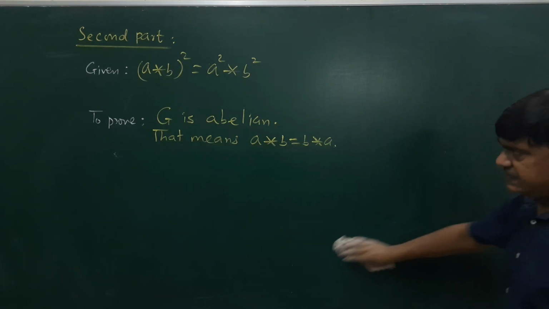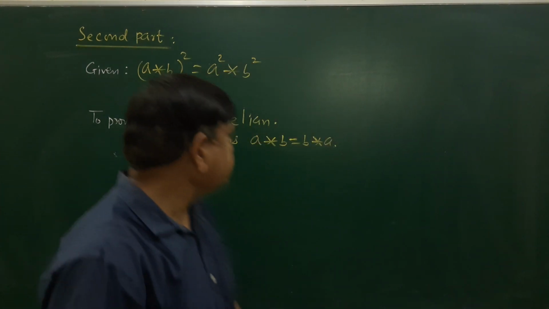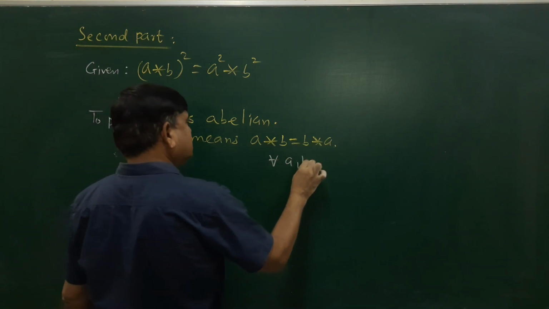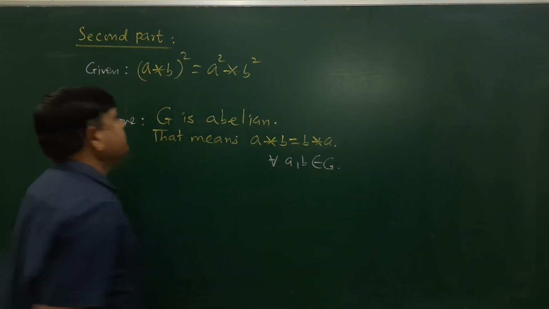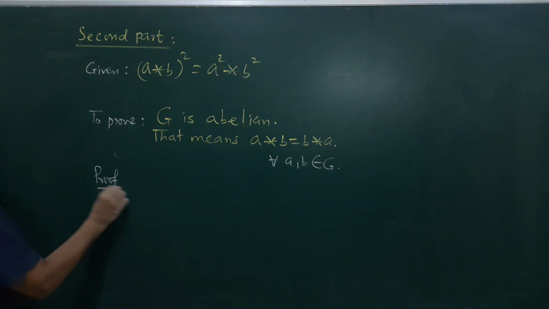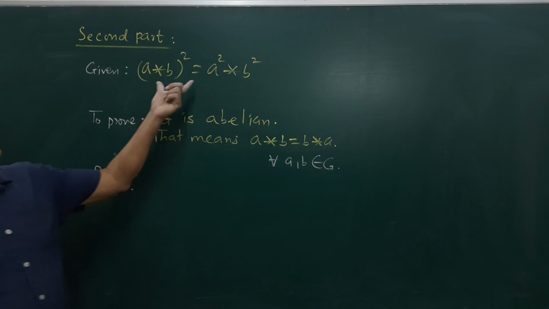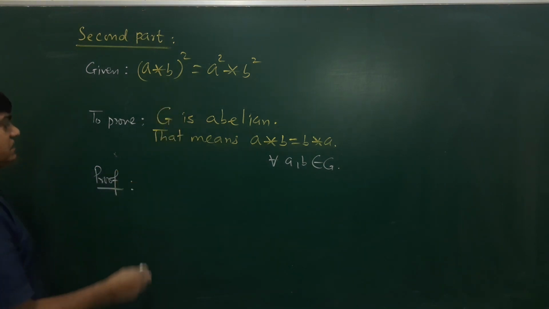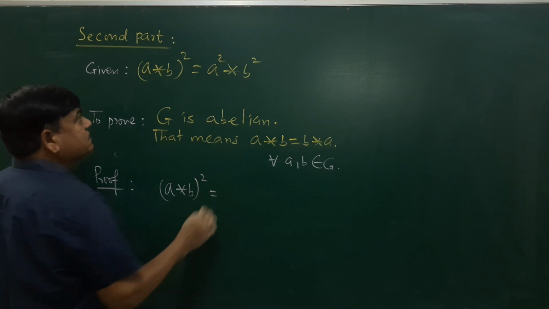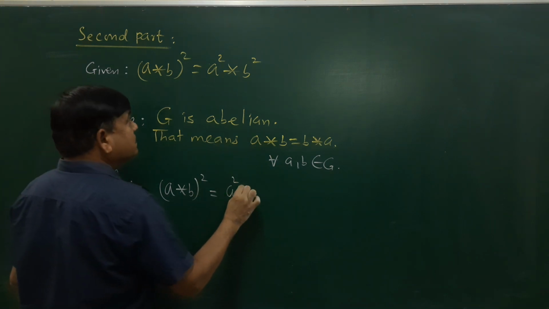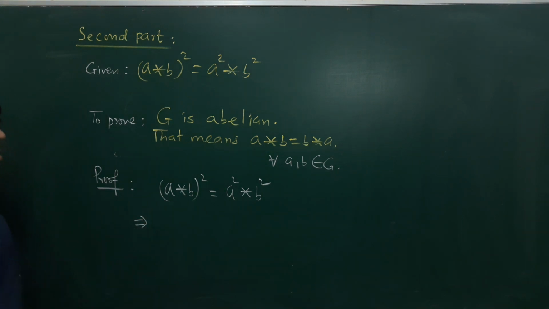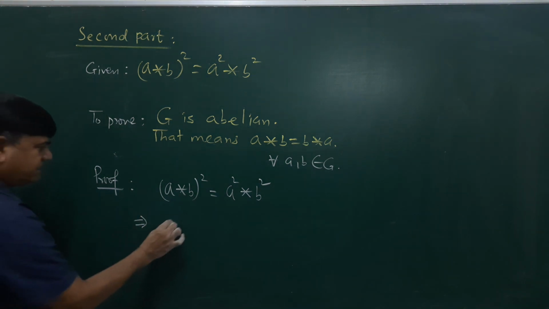For all a, b in G. Now proof. This part is given. So implies. What is the meaning of this?